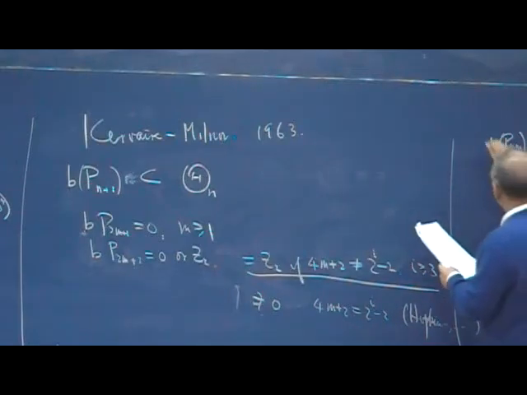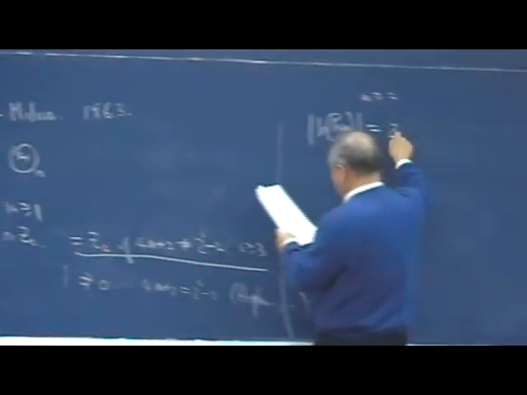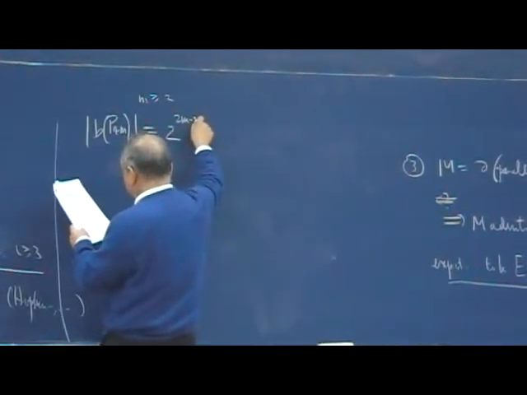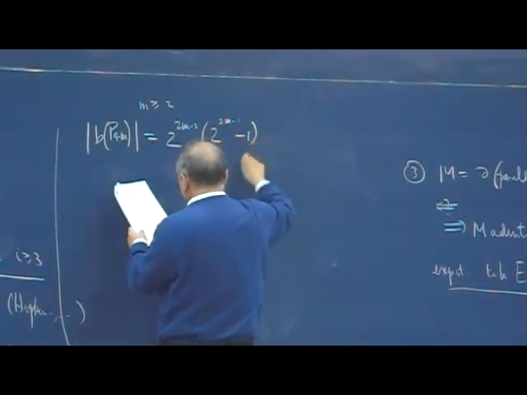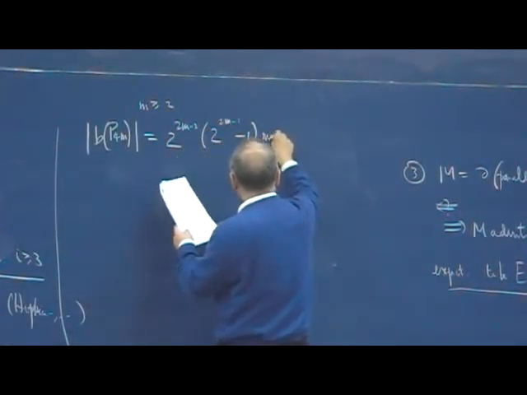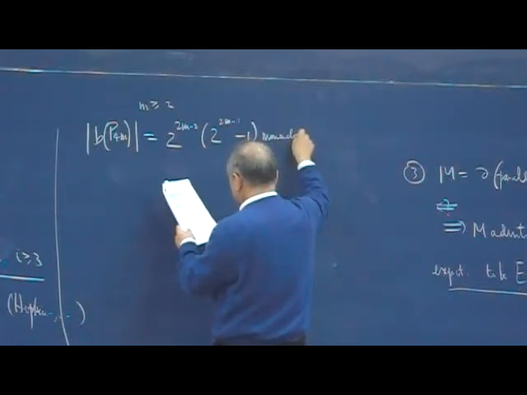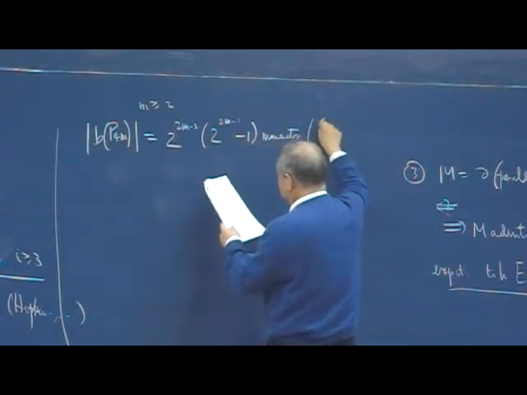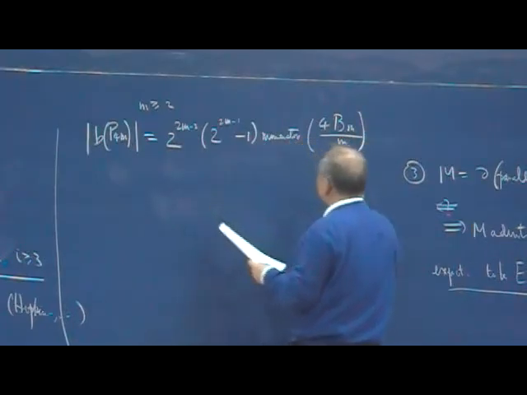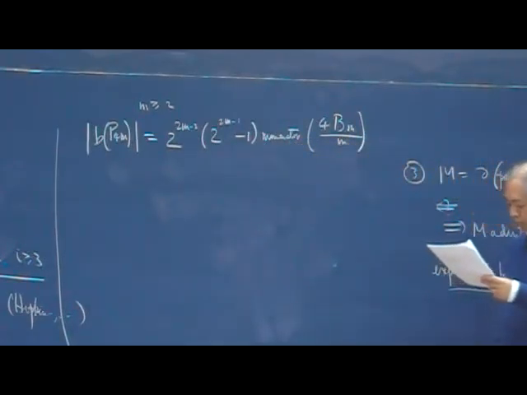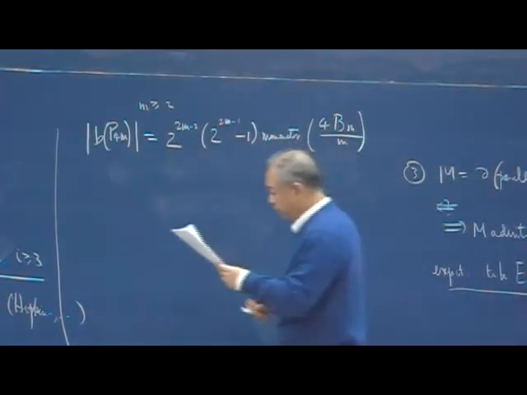This group has order equal to 2 to the power 2m minus 2, times 2 to the 2m minus 1 minus 1, times the numerator of 4B_m over m, where B_m is the m-th Bernoulli number.